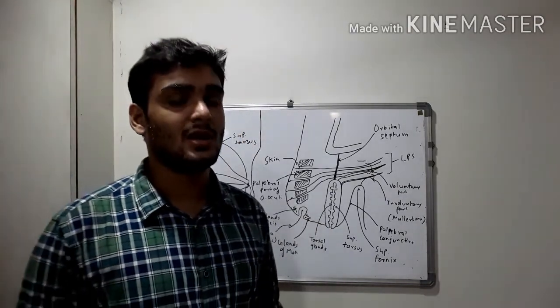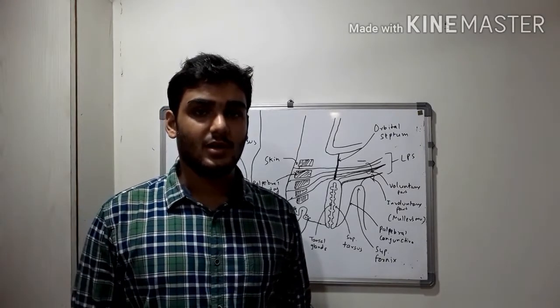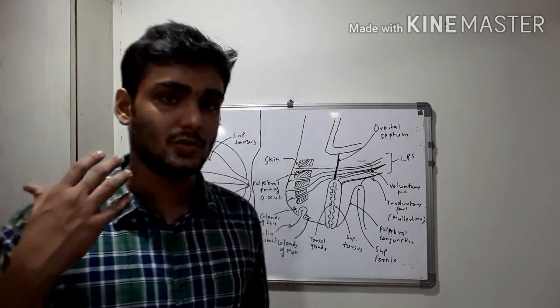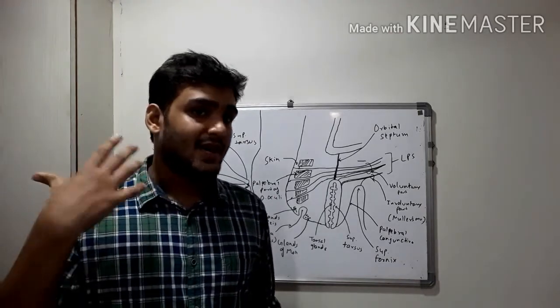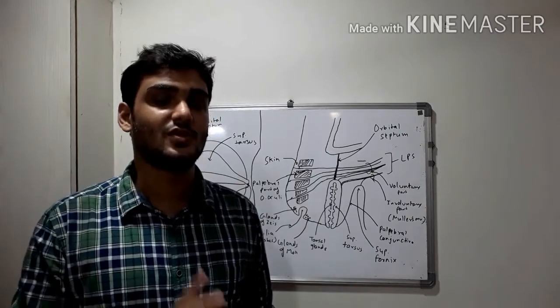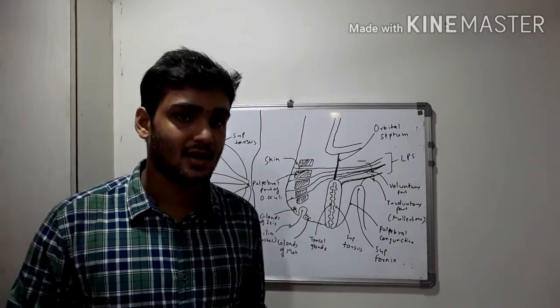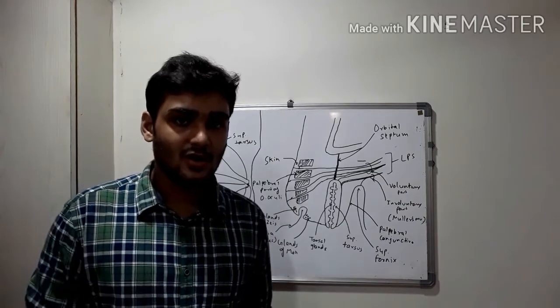Now talking about some applied aspects. In Horner's syndrome, if the sympathetic ganglia are damaged, then we have the set of clinical manifestations which is known as Horner's syndrome, right? And therein we have ptosis as well. Ptosis means the partial closure of eyelids like this.